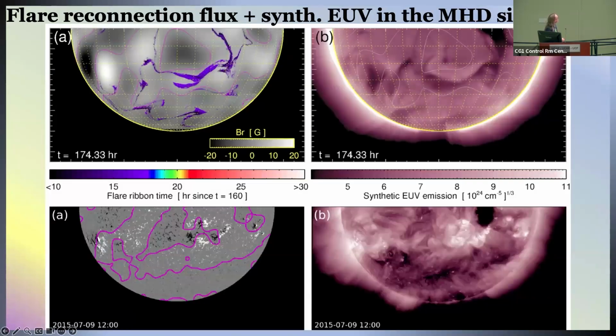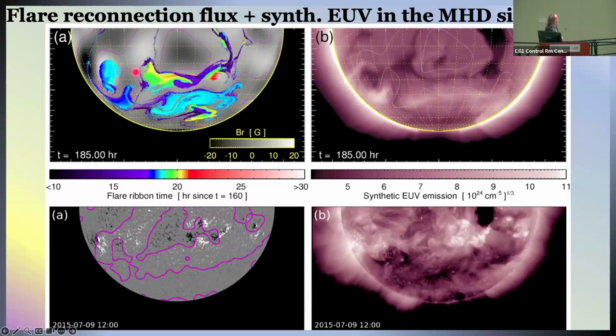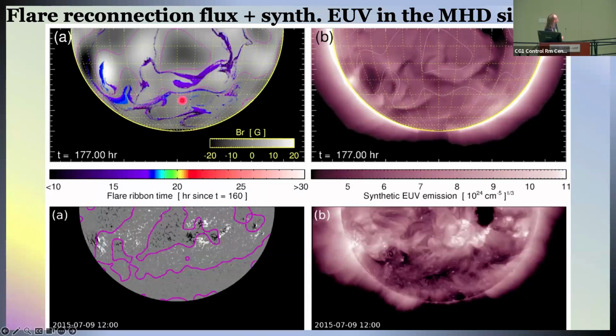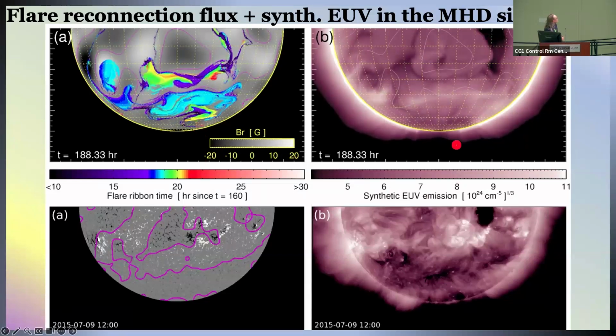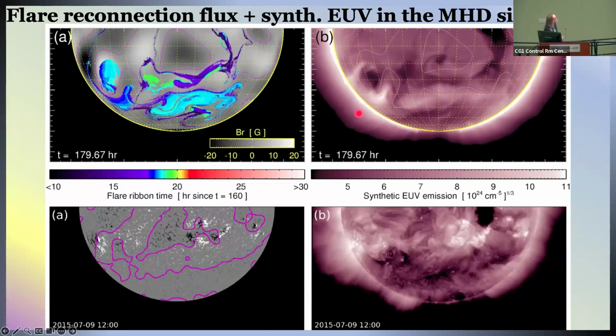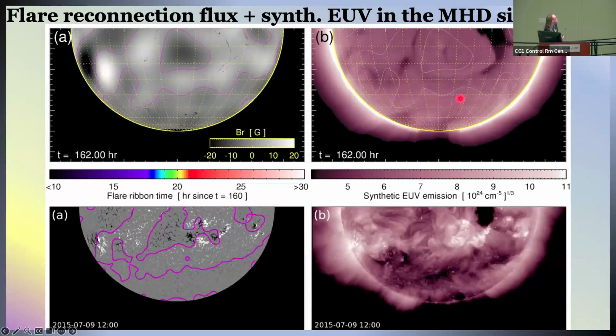And this is what it looks like in, okay, so I've colored the flare reconnection pattern that's happening here on the surface of the simulation. And this is synthetic EUV emission, which in my case is basically the density squared with line of sight integrals. This contour here is the extended polarity inversion line.